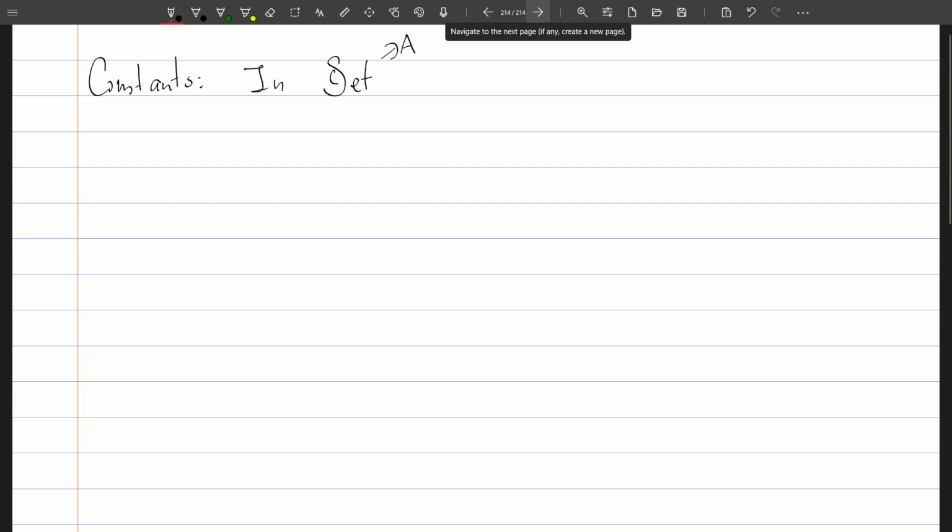So what we are actually saying is, suppose we have some element x inside set A. Then this x is determined by a function, and that function is from a singleton set, say the star, to A, which takes the star to x.